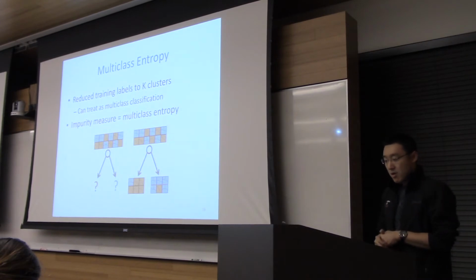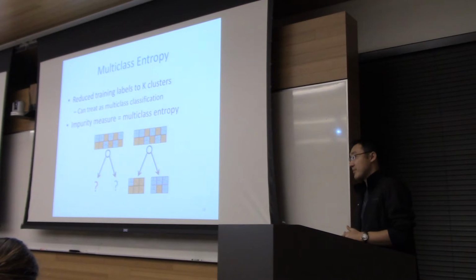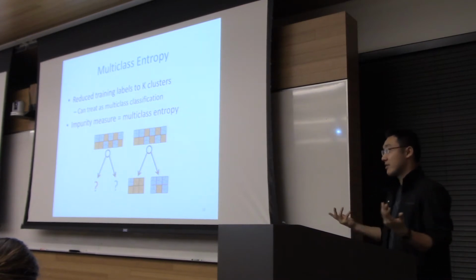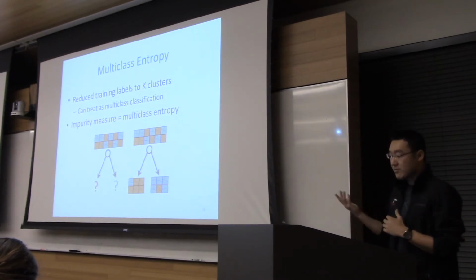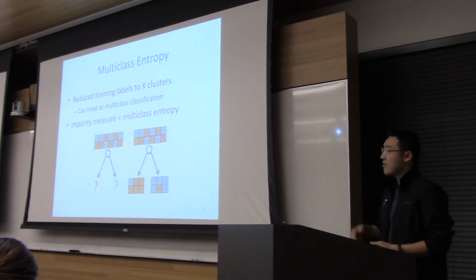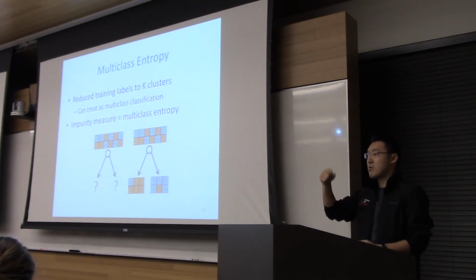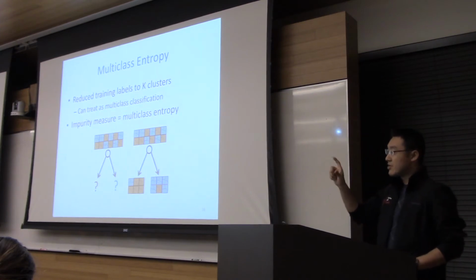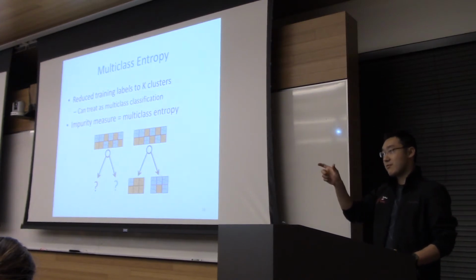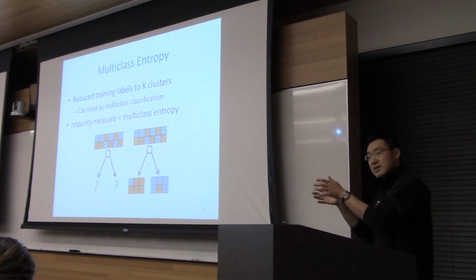And so by clustering, we've reduced the complexity of the label space into membership in one of k clusters. And once you've done that, you can use standard impurity measures like entropy. We covered entropy for the 2-class setting, when the label is 1 or -1, as the entropy of the distribution of what fraction of the training examples are class 1 versus class -1 or class 0.